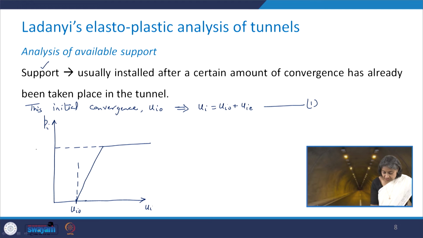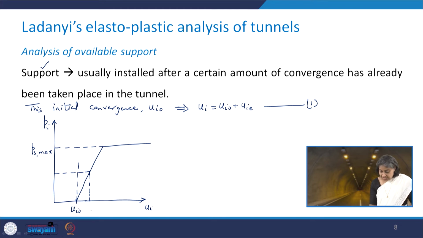So this we are calling Ps max, and if you take any point, corresponding to it you will get one value of Ui and here you will get the corresponding value of Pi.